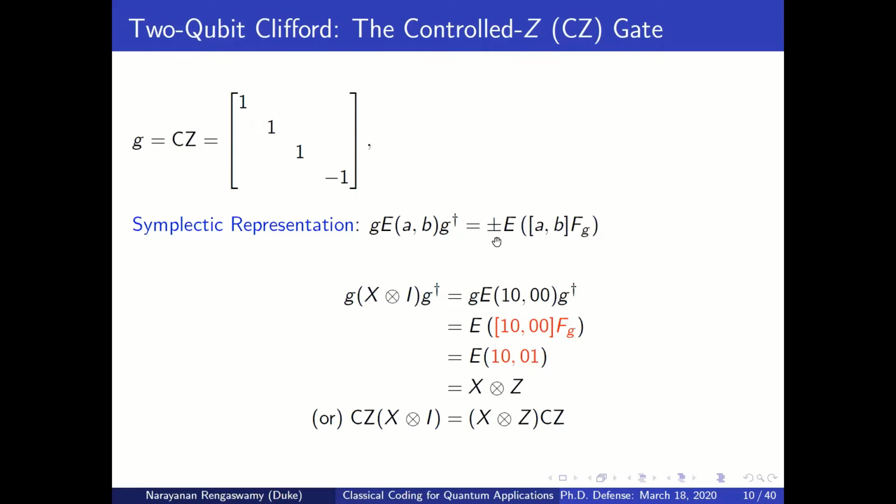Using this representation, we know that the result of conjugation is this times some matrix F. But we know the answer in this case. We know it's X tensor Z, so you can write down the actual answer in the binary notation. And so this times F should give you this vector. So we can write down this F matrix such that the first row is what you want. Similarly, if you do it for I tensor X, Z tensor I, and I tensor Z, you can write down all the rows of this matrix.